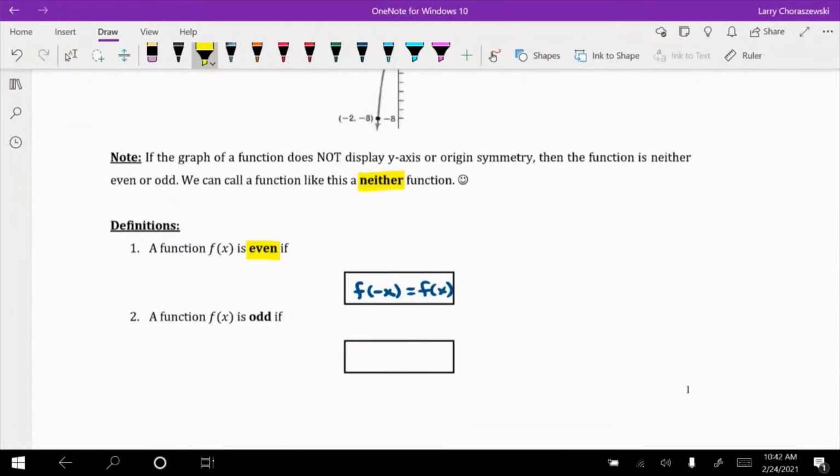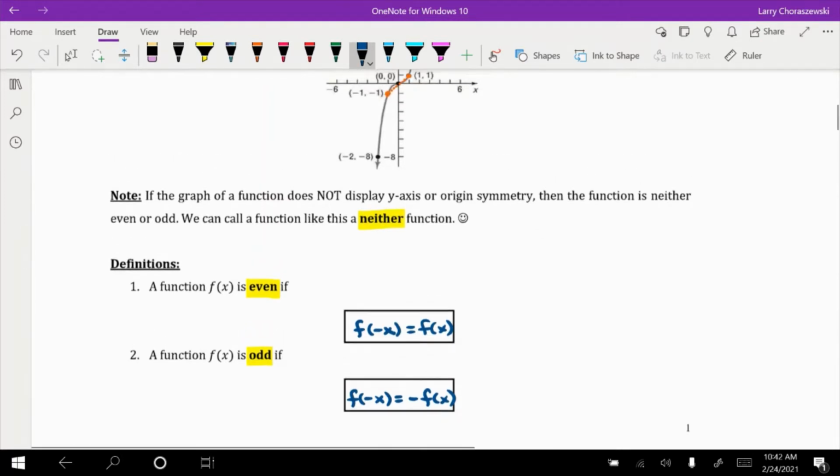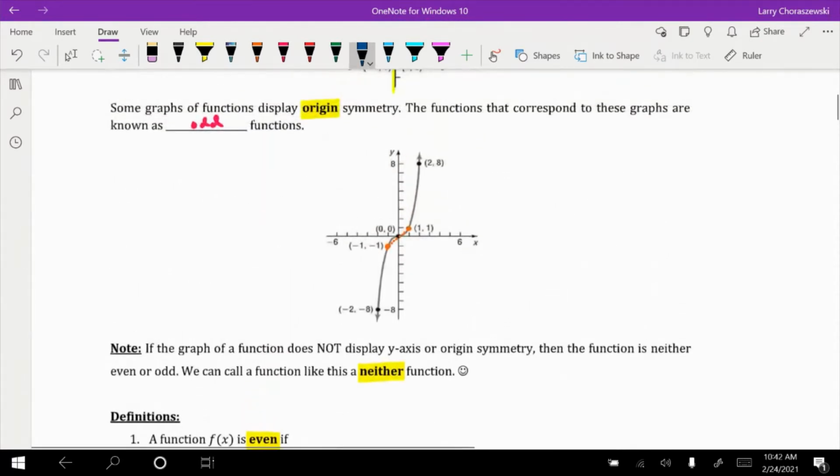Now for an odd function, it works like this: f of negative x is equal to the opposite of f of x. To see how that works, let's look at our corresponding points with the odd function graph.